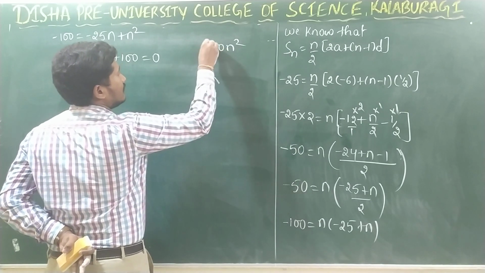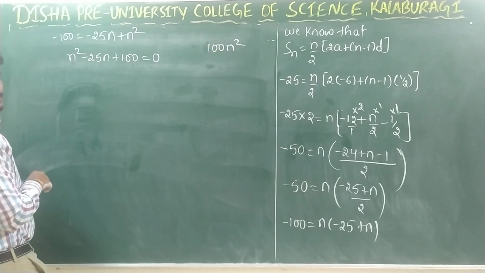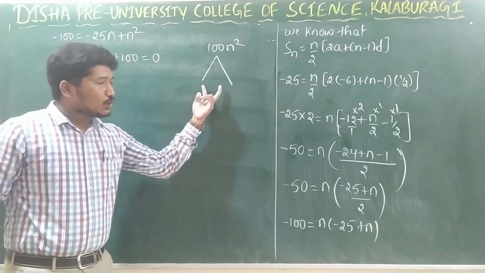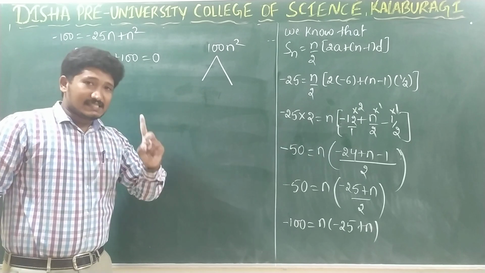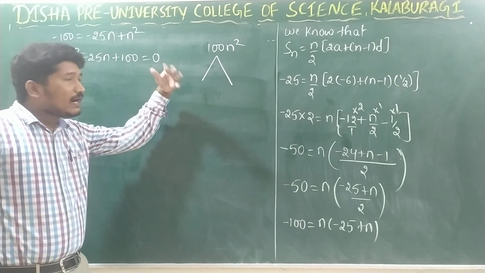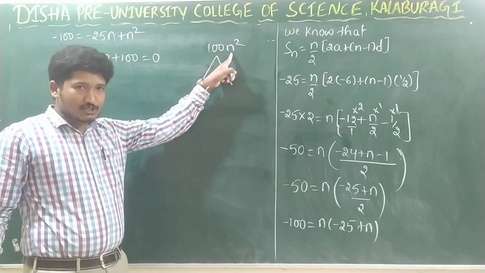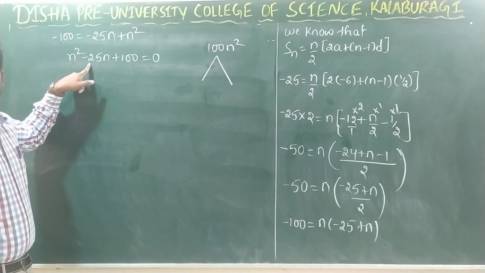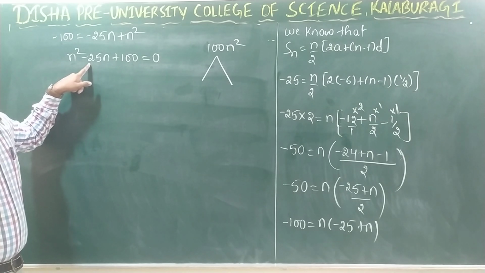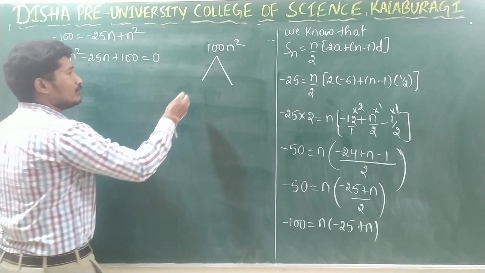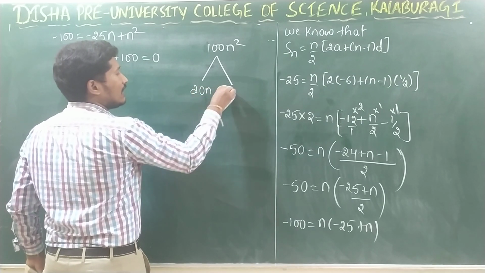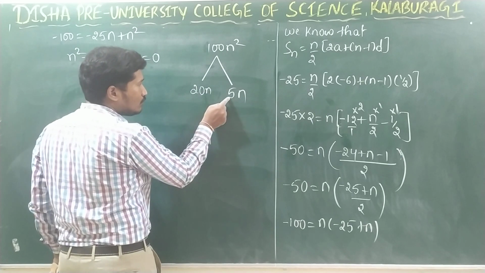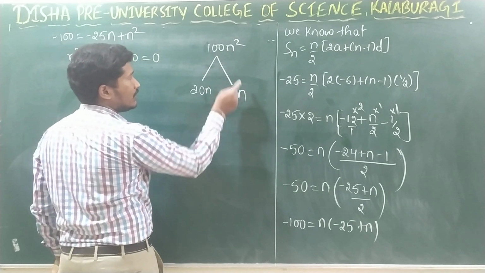100 into n square. Right? So see here. We have to take two terms such that when you multiply those two terms, your answer must be 100n square, and when you add or subtract, your answer must be minus 25n. So what are those two numbers? Can I take 20n and 5n? See here. 20 into 5 is 100, n into n is n square.